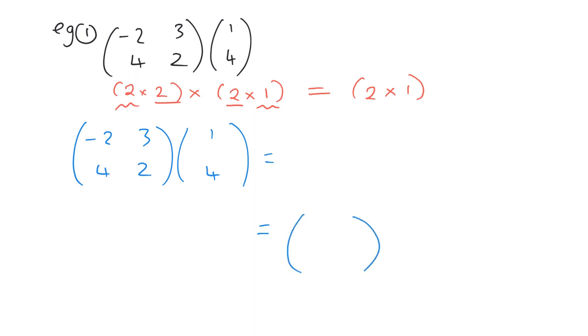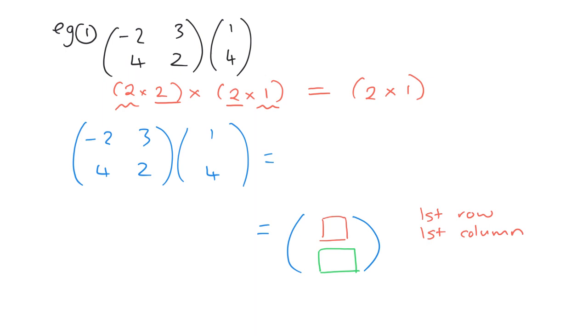Our answer is going to be a 2 by 1, so that's 2 rows and 1 column. So I'll do 2 wee squares to represent the two numbers that we're going to have in our answer. If we look at the red square, it's in the first row and it's in the first column.